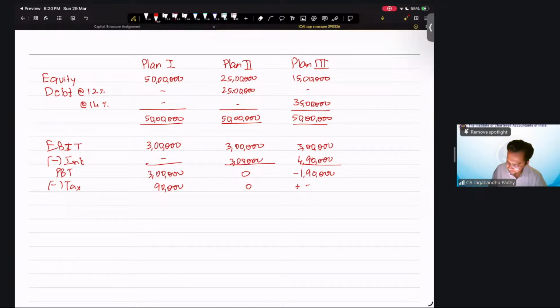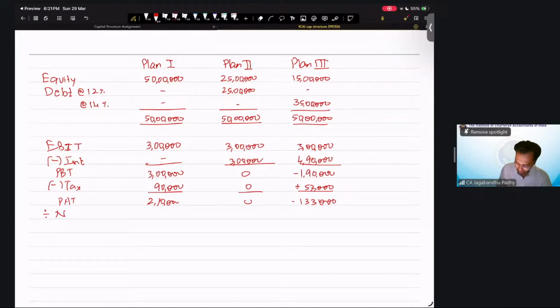Shouldn't it be zero? You'll save tax on that, right? Okay, okay. We get a PAT of 2 lakh 10,000, 0, and then 1 lakh 90,000 minus 57,000, which is 1 lakh 33,000.